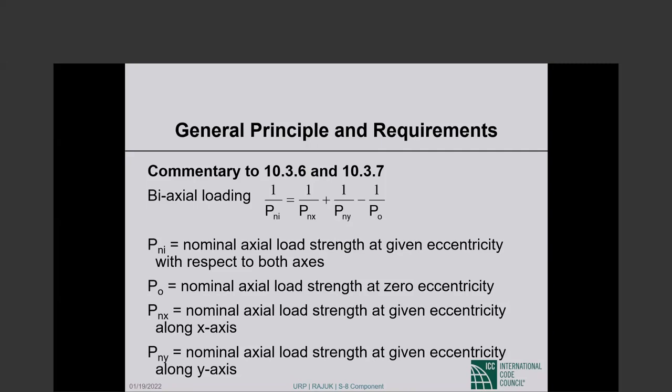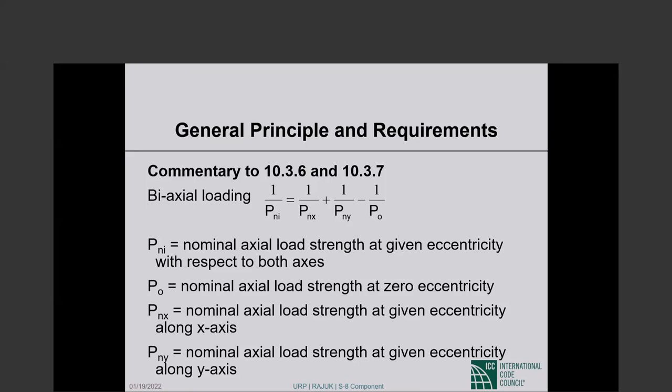Then the seismic part, which is very important, seismic design of columns will be covered in detail in other segments. So here, topics like biaxial bending probably would have been logical if we had time, but anyway.